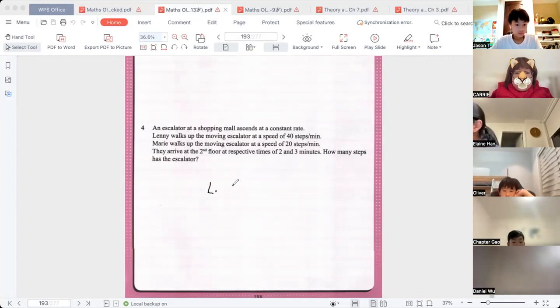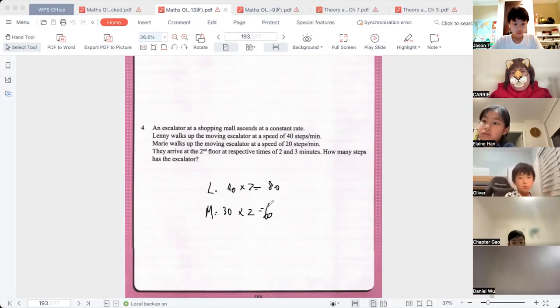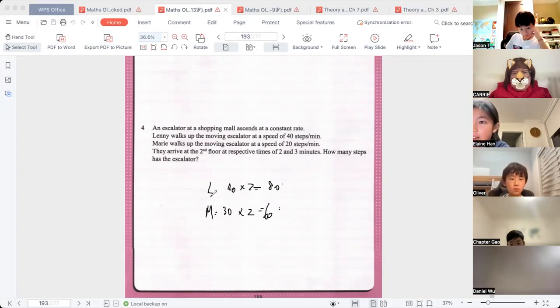So Lenny is 40 times 2 equals 80 steps. And Marie is 20 times 3 equals 60. But why, Elaine, let me ask you, 为什么这两个人坐的自动扶梯好像不是一个的？Why? Because they did it at different speeds.